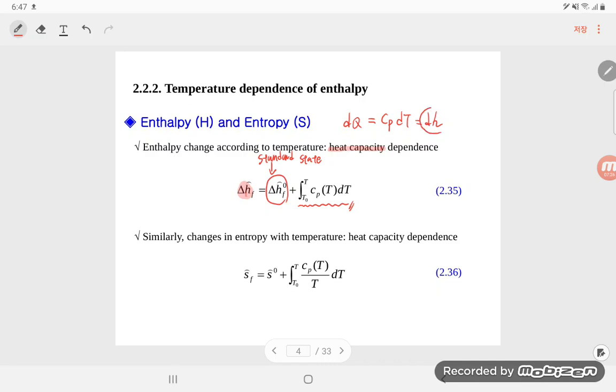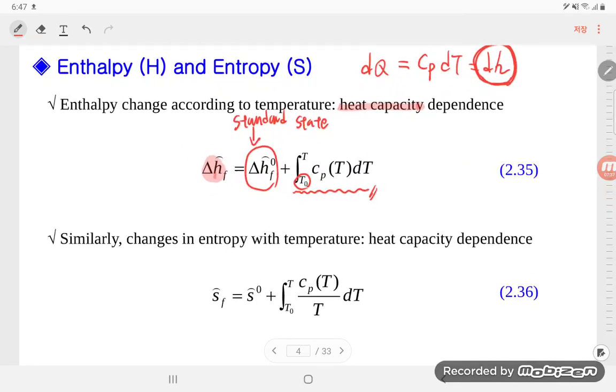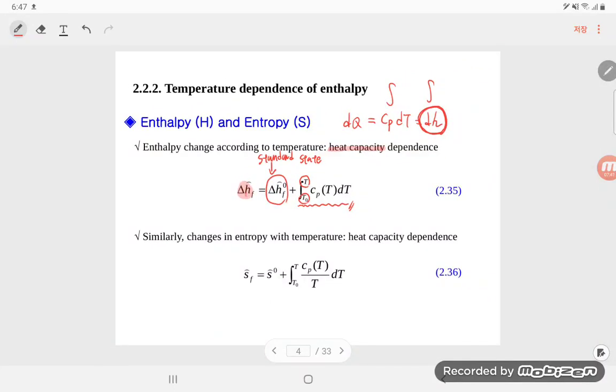So if you integrate this small amount of change from the standard temperature to the specific temperature, then we can calculate the enthalpy change depending on the temperature.